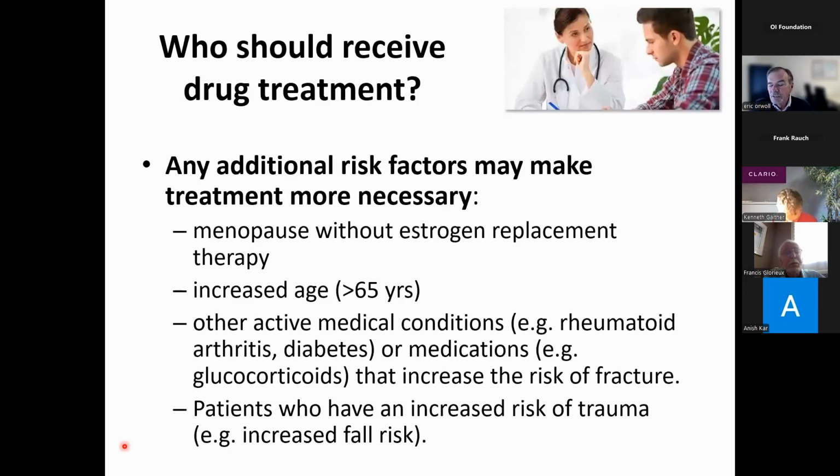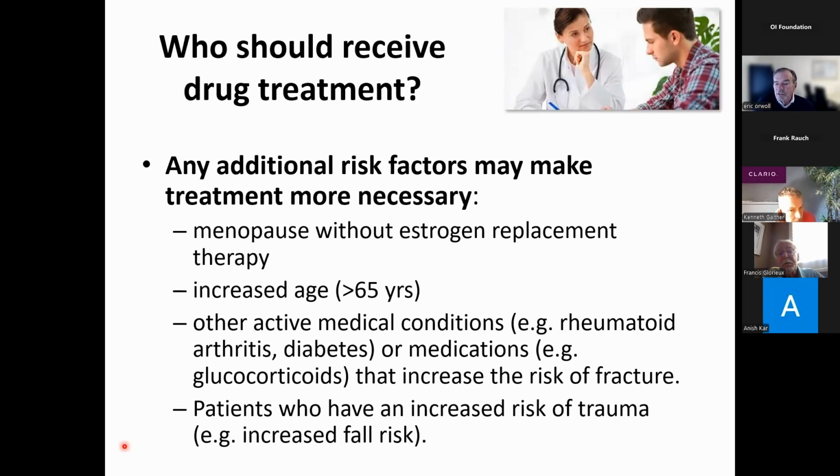In addition, people with OI who have additional risk factors that we know are associated with increased fracture risk. For instance, it looks like menopause without estrogen replacement is associated with increased fracture risk in people with OI, like it is in the general population.